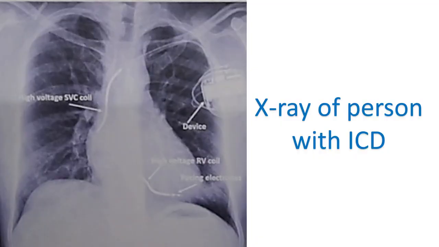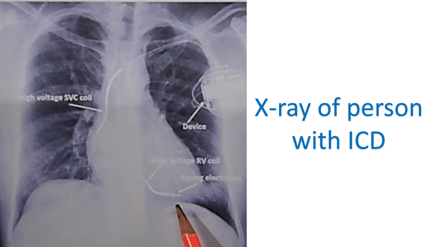The X-ray of a person with an implanted cardioverter defibrillator. You can see the device here, and there are high voltage leads. This is the high voltage lead, which is thicker, in the superior vena cava, and another high voltage lead or coil, shocking coil, in the right ventricle.